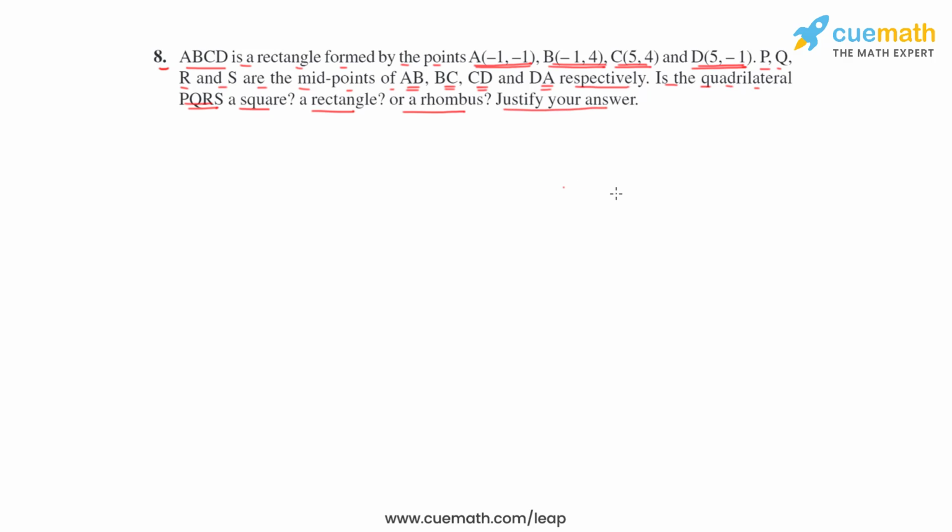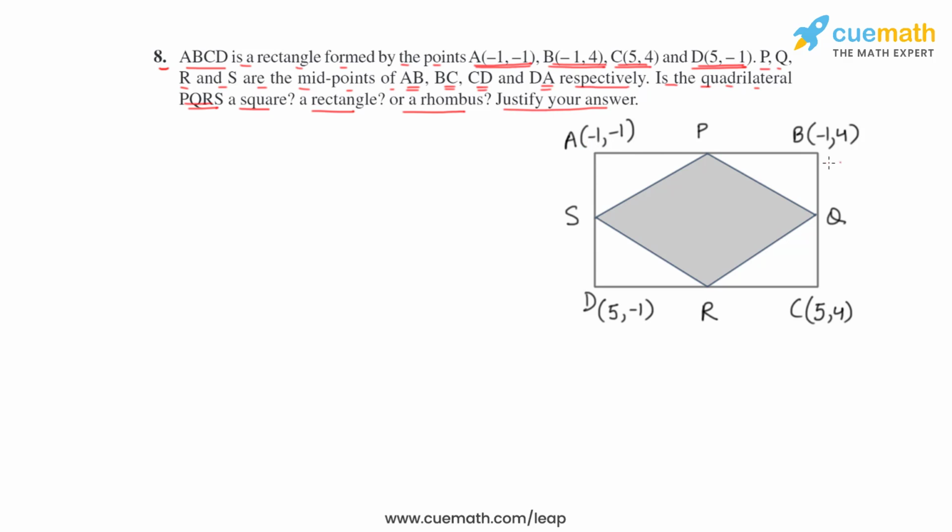And justify your answer. So the situation is, there is a rectangle ABCD whose midpoints are PQRS, and we have to tell whether this quadrilateral PQRS is a square, a rectangle or a rhombus, and justify the answer.